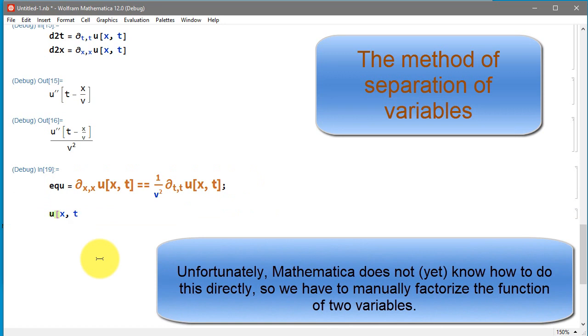Unfortunately, Mathematica does not yet know how to do this directly, so we have to manually factorize the function of two variables.